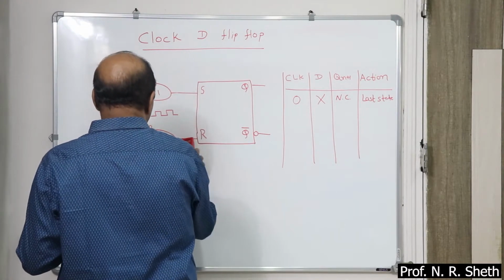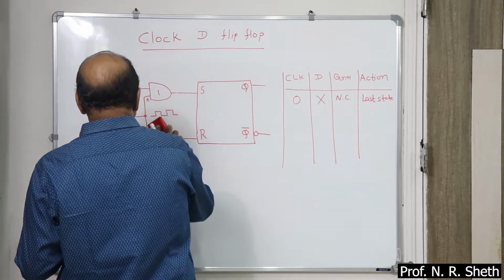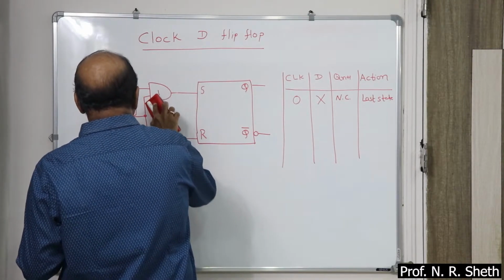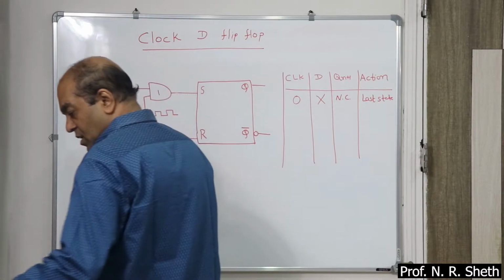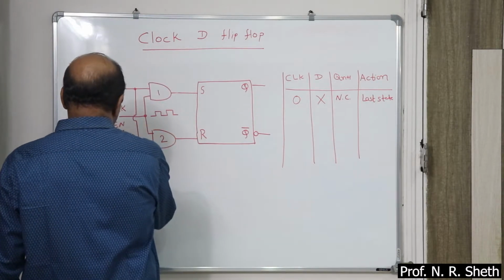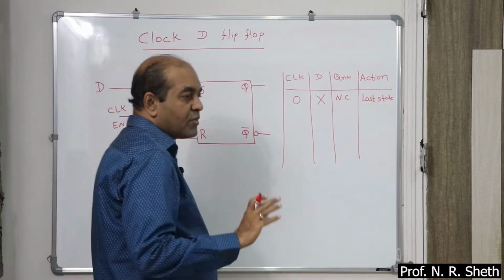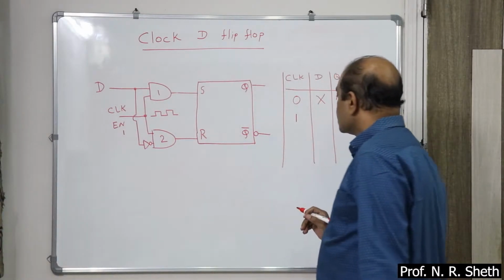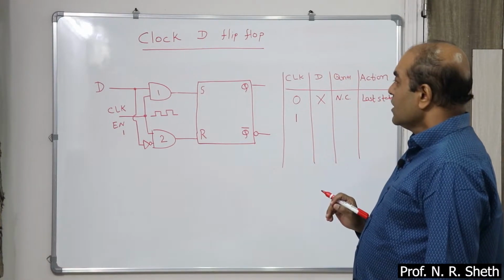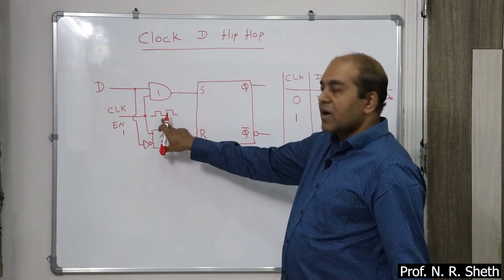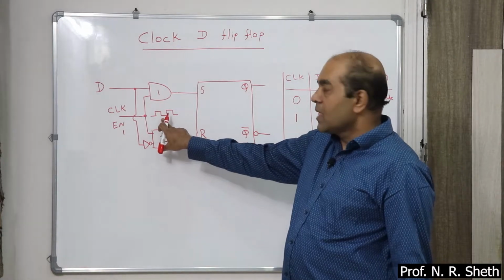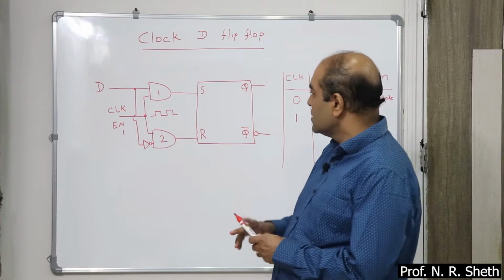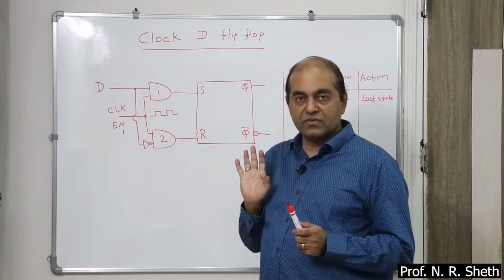Now, second case. Suppose your clock pulse is 1, means clock pulse is high. So this part is available. So this AND gate works during this positive transition.